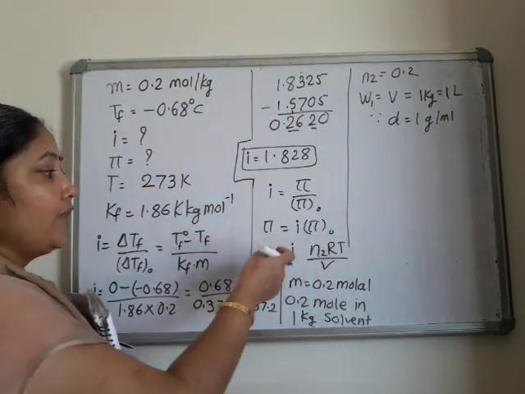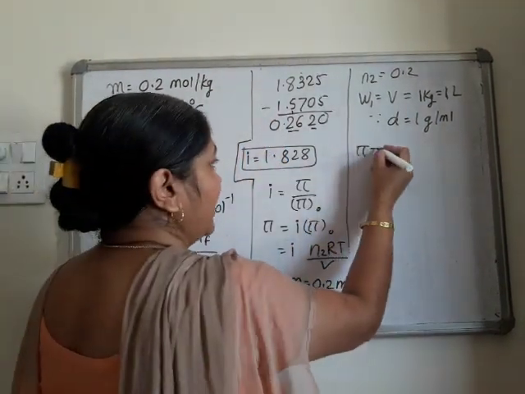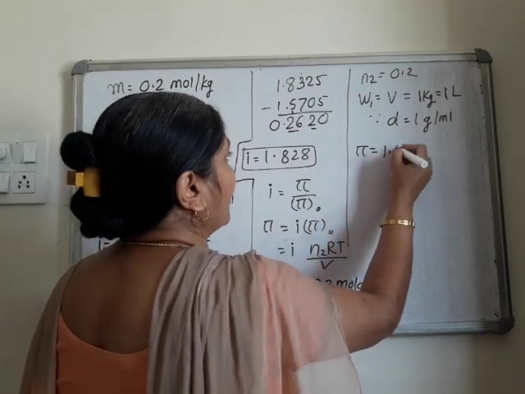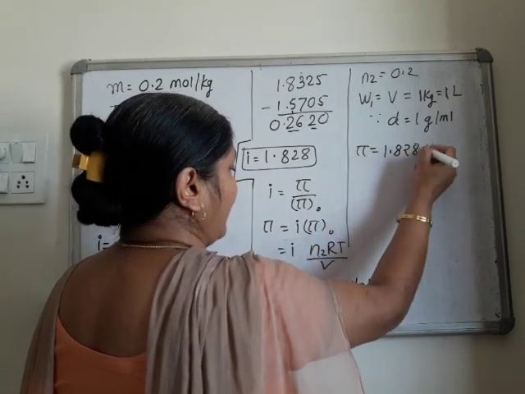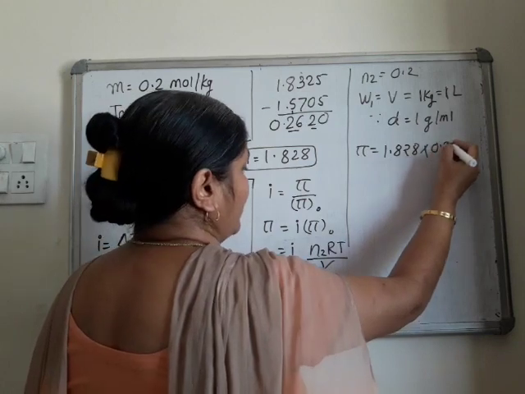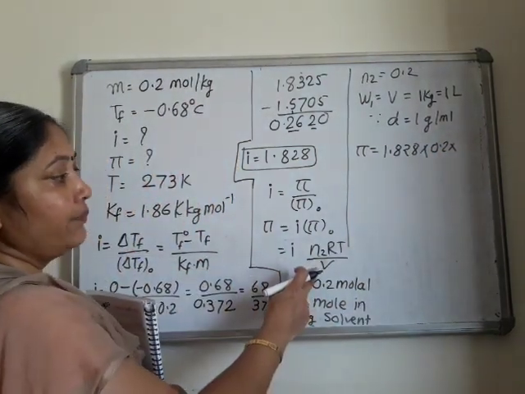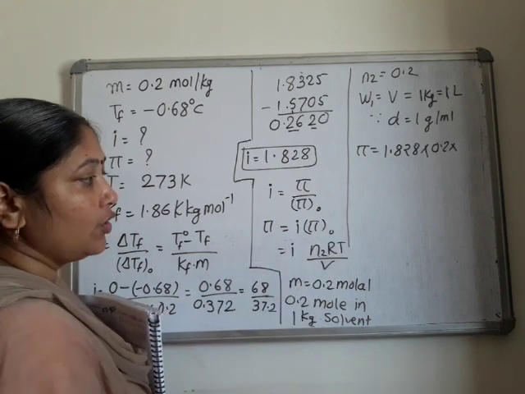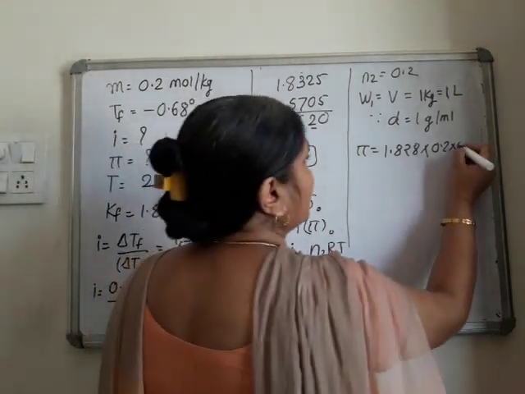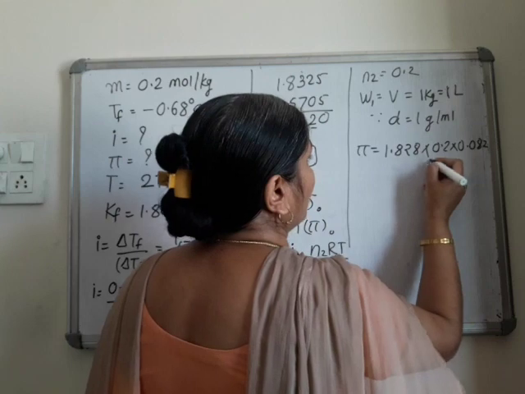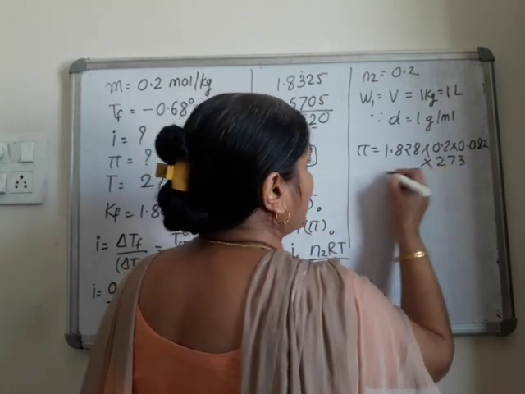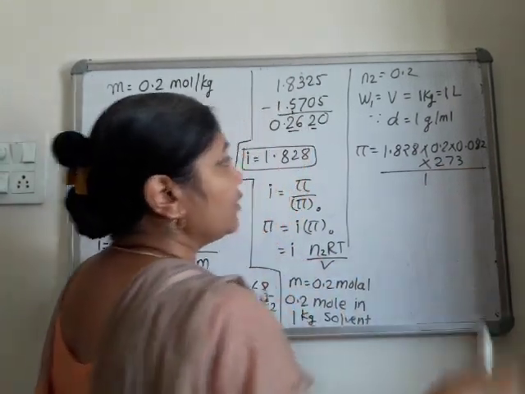Now put these values in this equation. So we get pi is equal to i value 1.828 into n2, n2 is 0.2. R value, this is taken in liter, so R must be 0.082, into temperature 273 upon volume 1 liter.